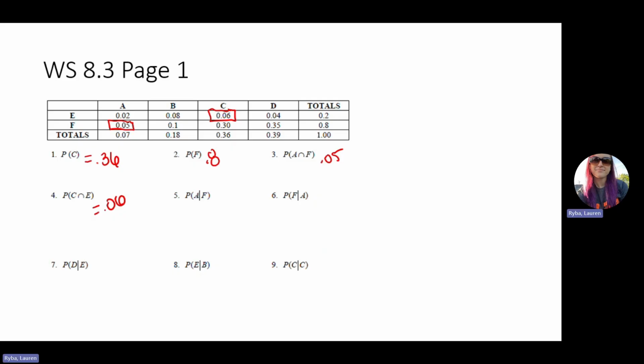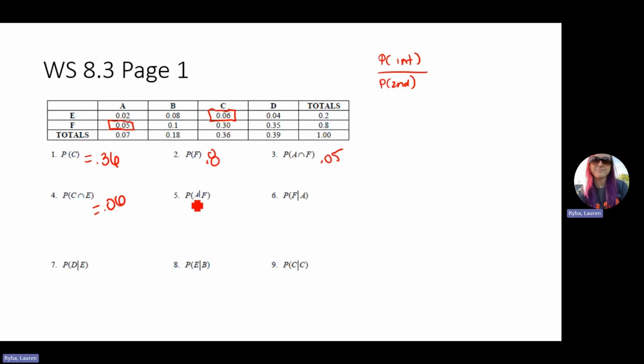Now we're going to go into our conditional probabilities. It wants us to find the probability of A given that F has occurred. The way we do these, the probability of their intersection goes on top, and the probability of the second letter goes on the bottom.